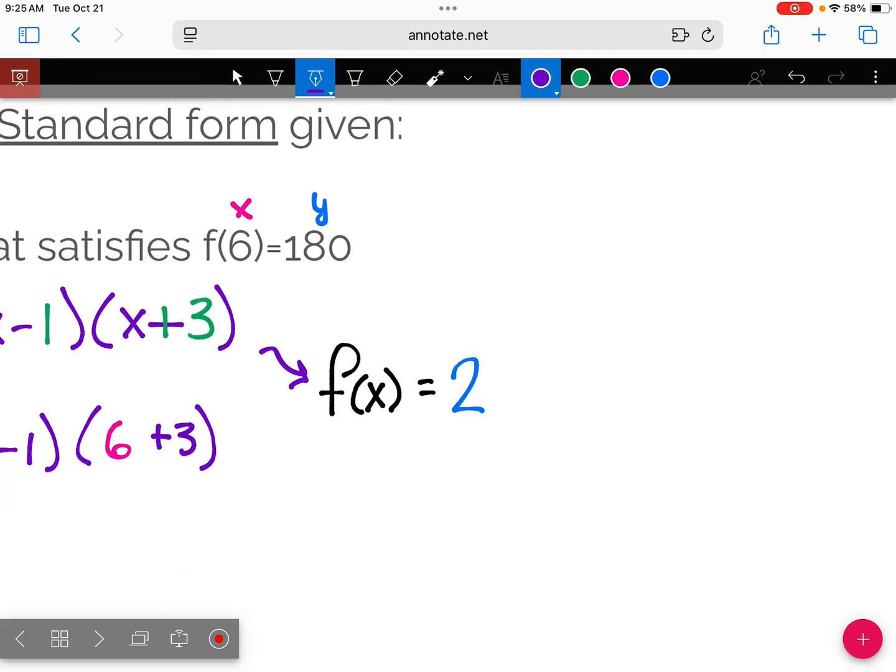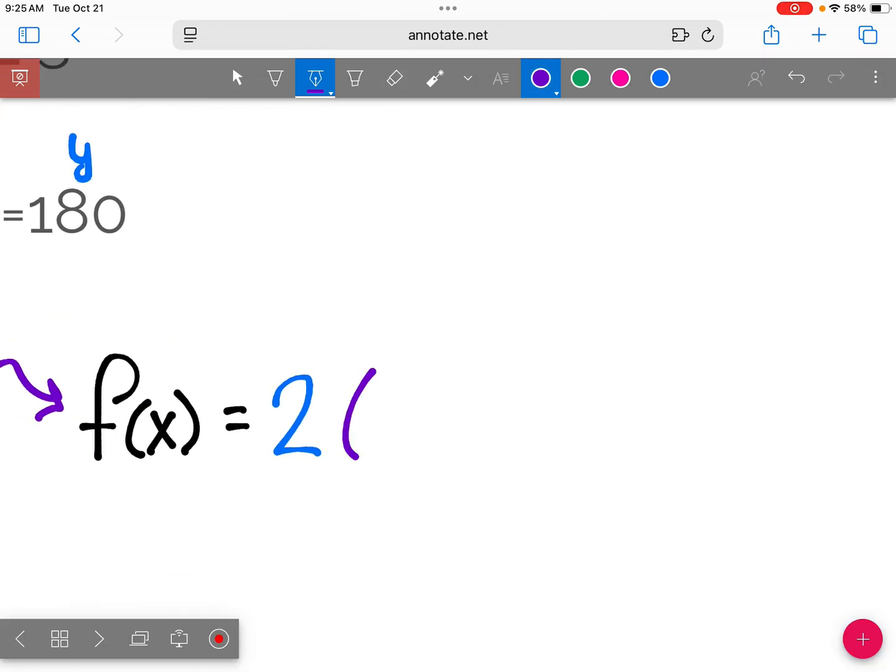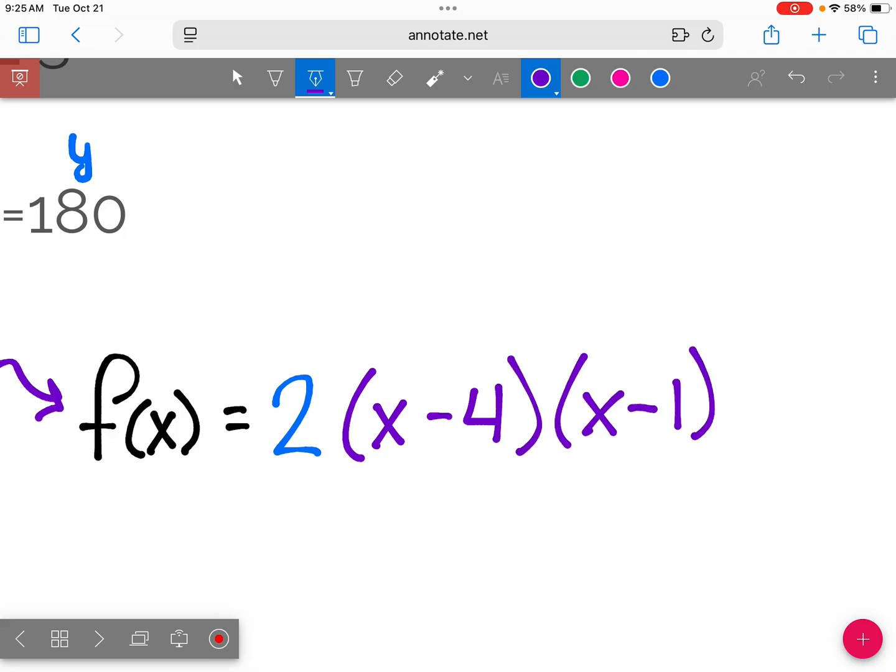So we're going to have our 2 times x minus 4, x minus 1, and x plus 3. That is our whole equation in factored form. Is that what we were asked to find? No. We need our standard form, which means we're going to multiply this whole sucker out.